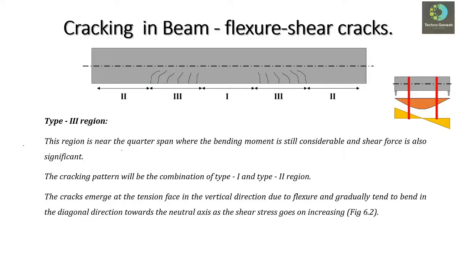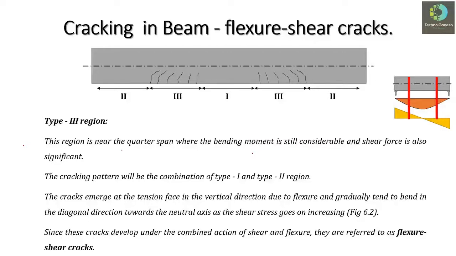It bends along the diagonal due to the predominant shear stresses, and it may reach up to the neutral axis. This is the crack pattern we normally observe in zone 3, and the main reason is the mixed action of shear stresses as well as bending stress, because both types of stresses have almost equal predominant action in this region.